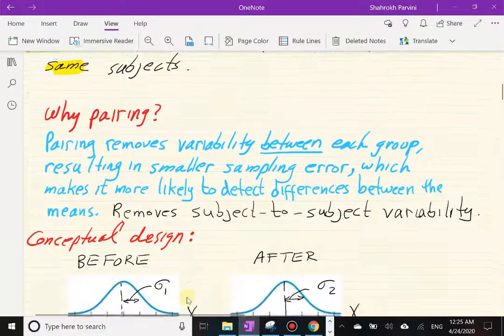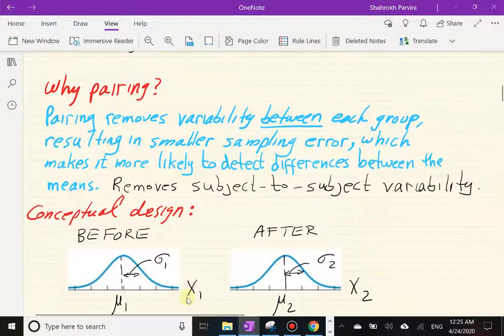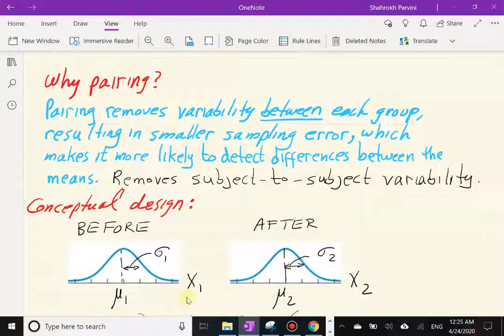Now, conceptually, how are we going to do this? Well, because we have two groups, like two twins, or even the rest pulse and run pulse. The idea is measuring your pulse before you run and after you run. So I have it in our conceptual design as a before and after effect.